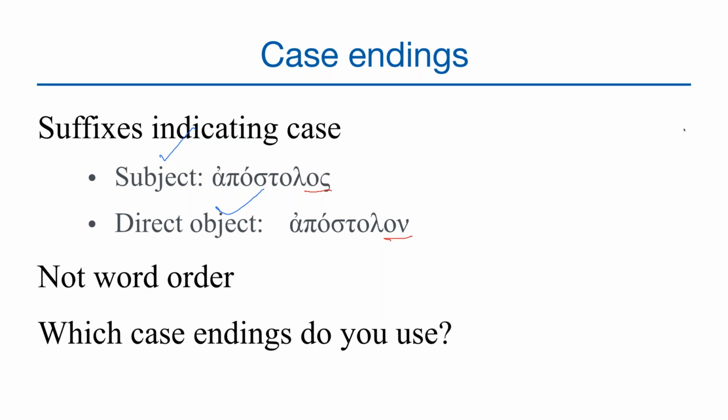Apostolos is apostle whenever it's being used as a subject. Apostolon is apostle whenever it's being used as a direct object. The way that we tell whether something is a subject or a direct object is the ending, not the word order.